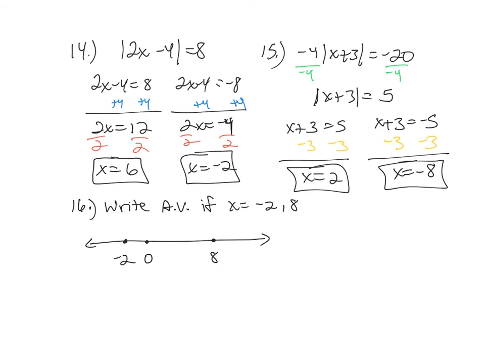so this is what I do. How far is it between -2 and 8? Well, it's 10 spaces. So what I'm looking for is the middle. So half of 10 is 5, so I need to go 5 spaces in this direction, and I need to go 5 in that direction, and that will give me the middle, which is +3.